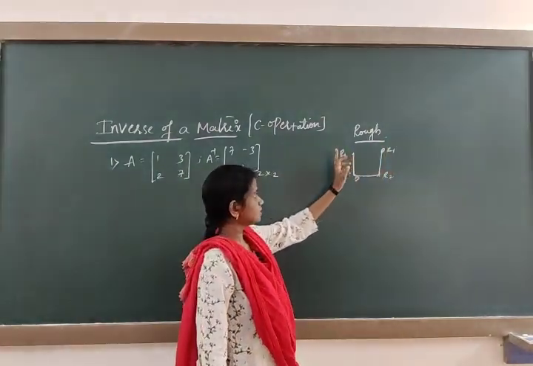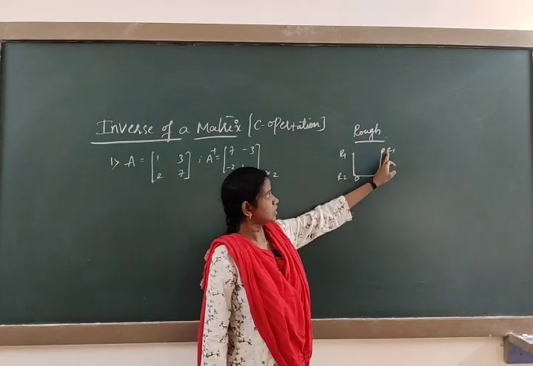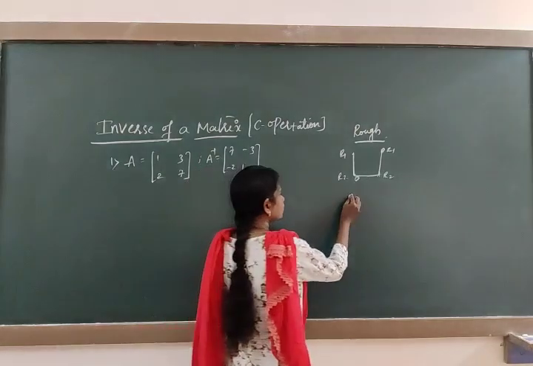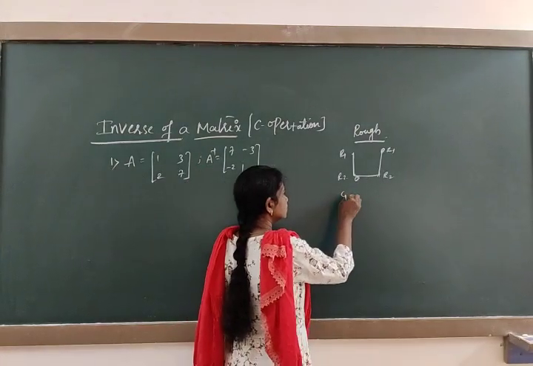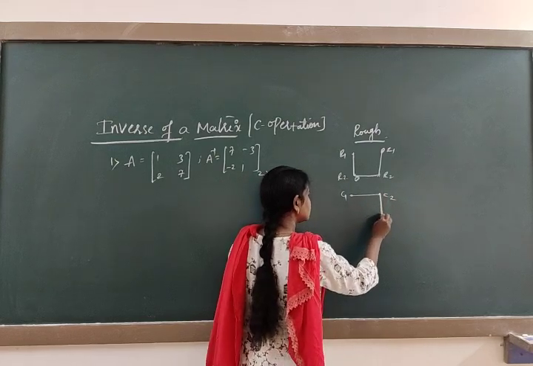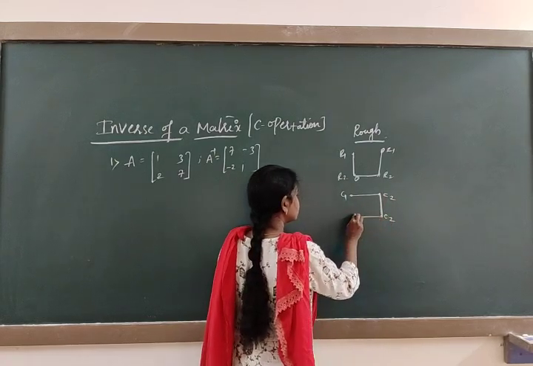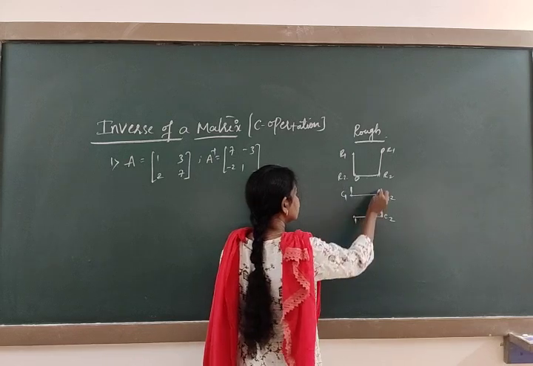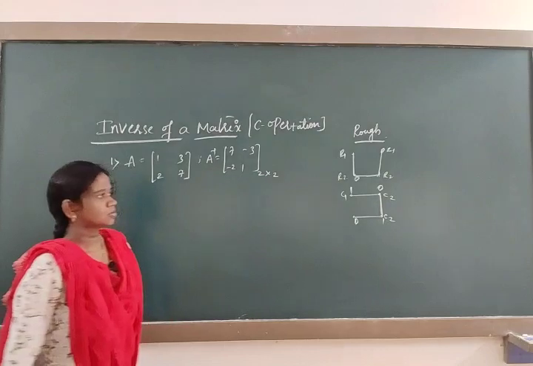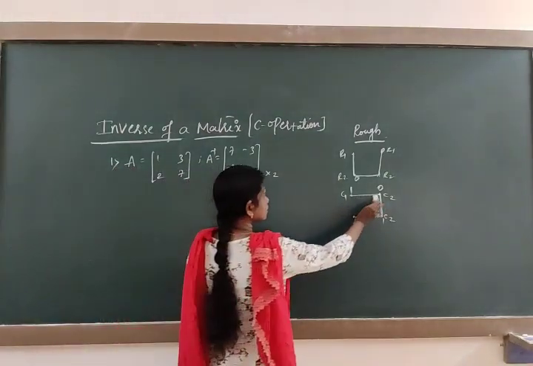Now we will take C1, C2, C2, C1. So today we are going to study like this: C1, this is C2, then C2, then C1. It is 1, 0, 1, 0. So today's figure is this one, like this C shape we have to go.